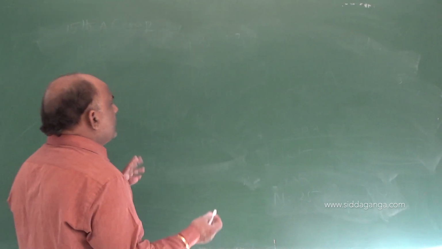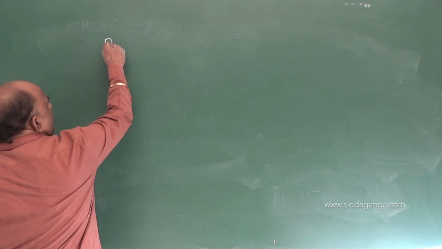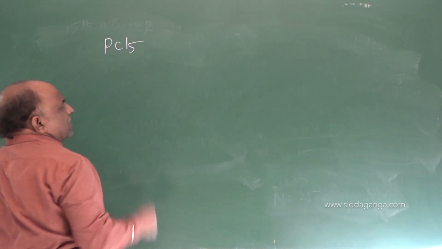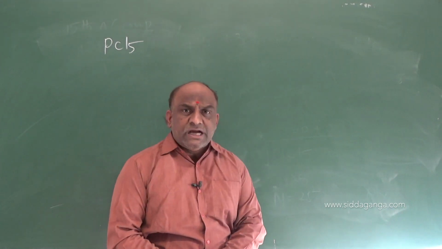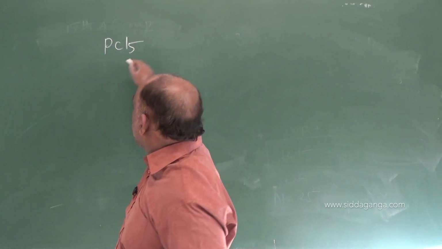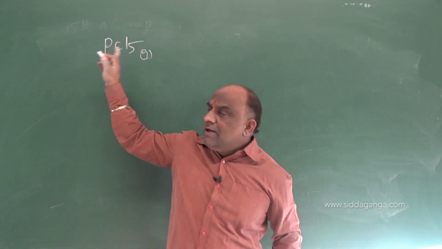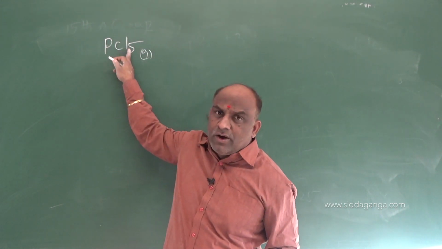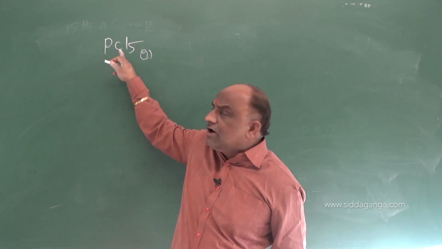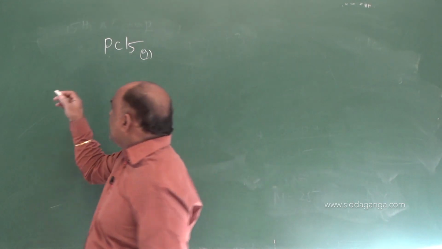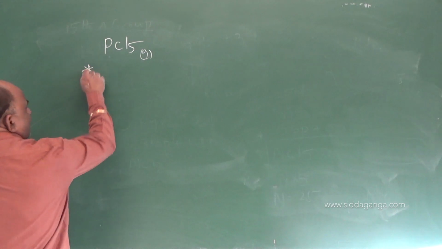Remember one more point: PCl5 is called phosphorus pentachloride. In the gaseous state phosphorus is available in the penta form, that is pentachloride. Suppose it is in the solid state, this is a very important competitive question.